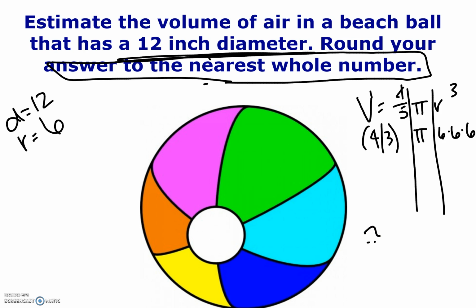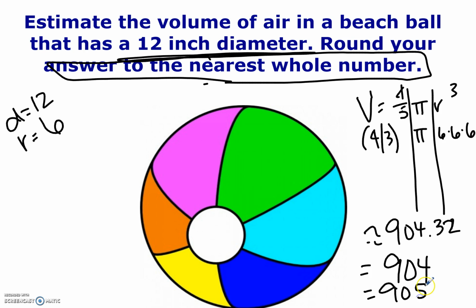And you get about 904.32. Yours again will be a little bit higher, but it says round to the nearest whole number, so our answer is going to be 904 because 32 is less than 50. If yours is greater than 50, your answer will be 905.